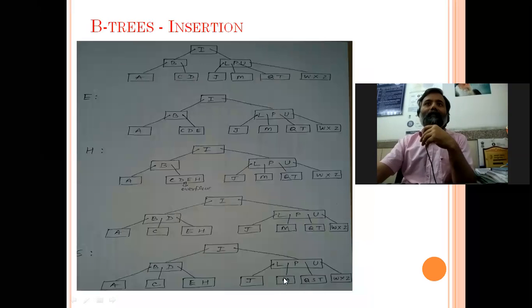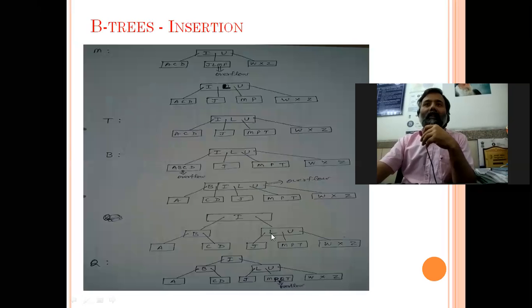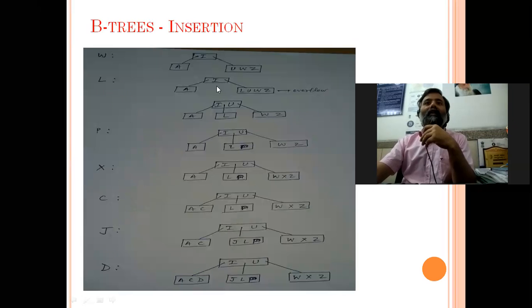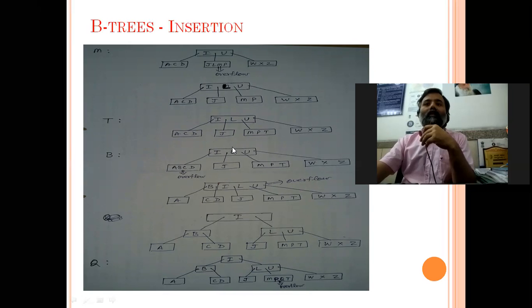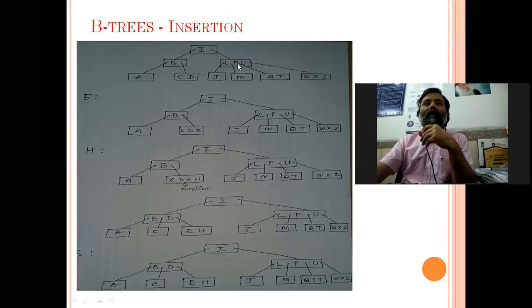So again this P will move upward, M will be its left child, and QT its right. So you can see here, P moved upward, M becomes its left child, and QT its right.